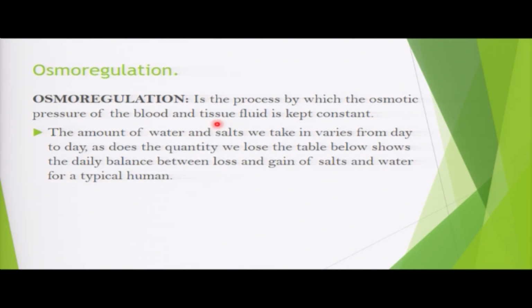Actually, it's the process by which water and salts in the blood are kept constant. When these ions and water are kept constant in our body, this also maintains the blood pressure. Because sometimes when those ions are very high in the blood, they can even increase what?